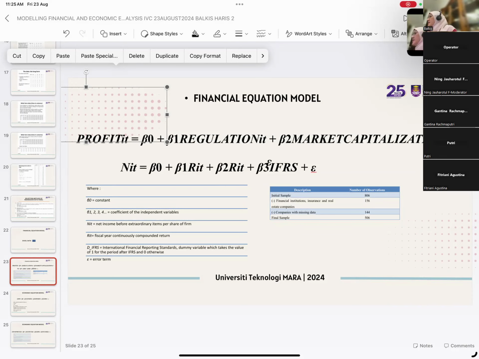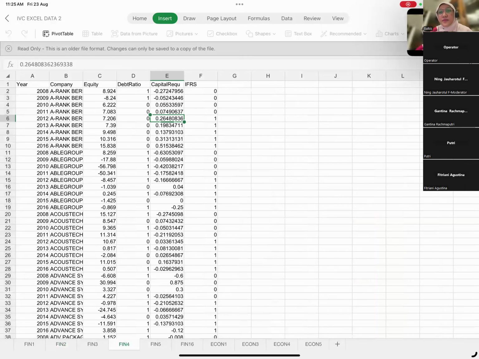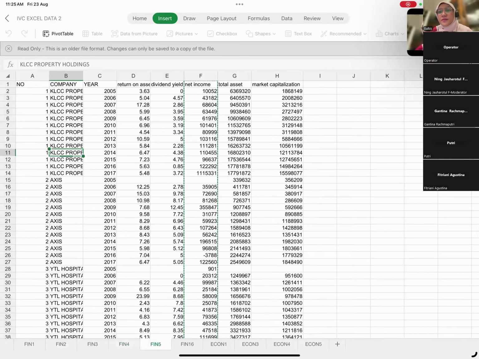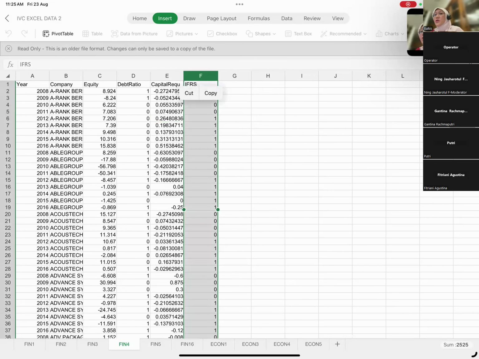All right. So if we look at Excel, under FIN4, here we don't have this; this is on the equity IFRS for the listed company, not on the financial institutions. Half an hour ago, we talked about IFRS.